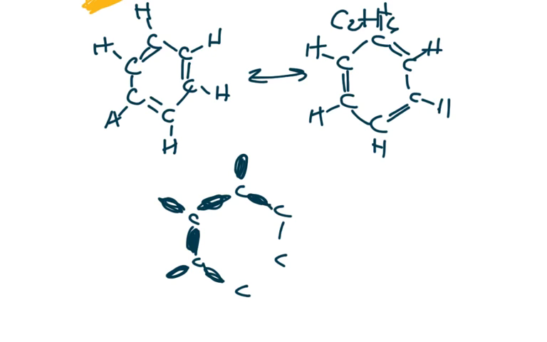This carbon, 1, 2, 3. This carbon is 1, 2, 3. And this carbon is 1, 2, 3. So each one is doing sp2 hybridization, and that makes sigma bonds. And then hooking on my hydrogens out here, hydrogens are going to use their s orbitals to help make a bond.